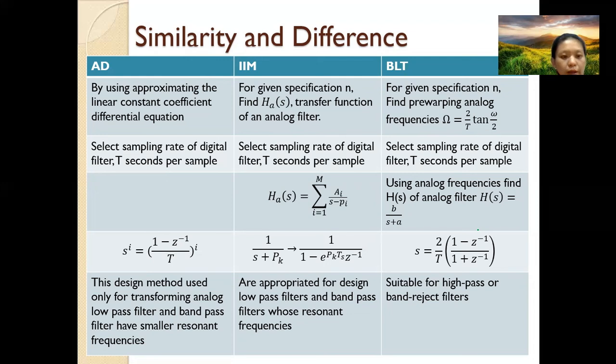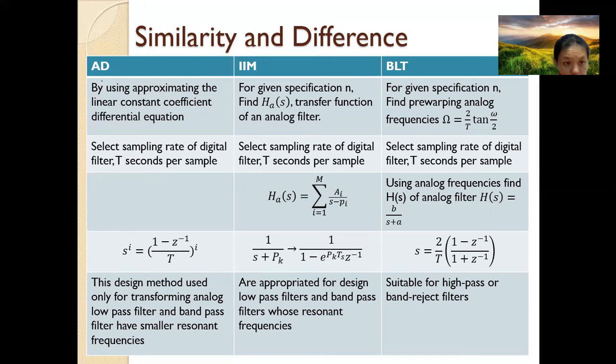For AD, we don't use any equation to represent our H(s), but for IIM and BLT, they have a specific equation. For IIM, H(s) is represented as a summation from i equals 1 until m of A_i, where A is our coefficient, divided by s minus the pole p_i. For the BLT, we use the analog frequency to find our H(s), so this H(s) will be B divided by s plus A. By using these three methods, each method will provide a different equation.